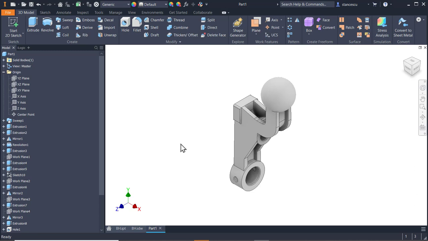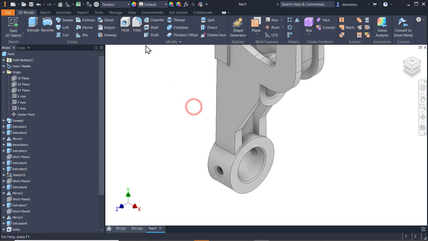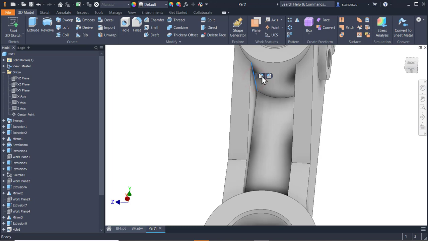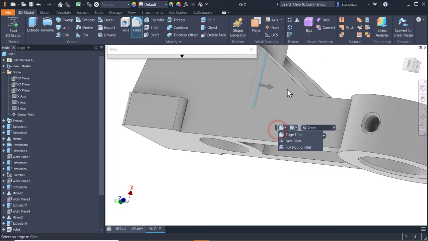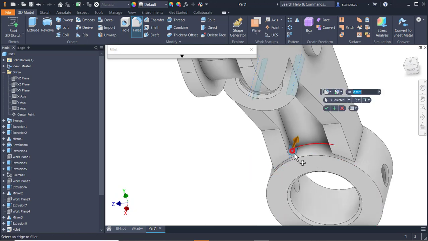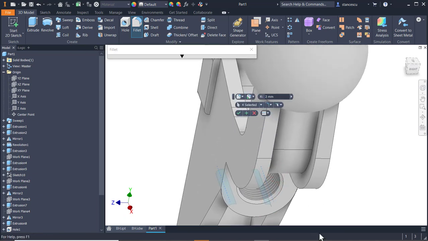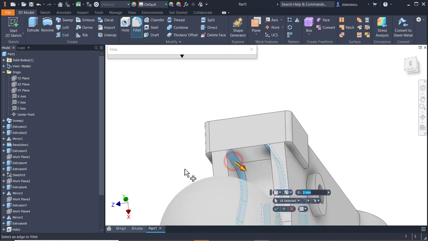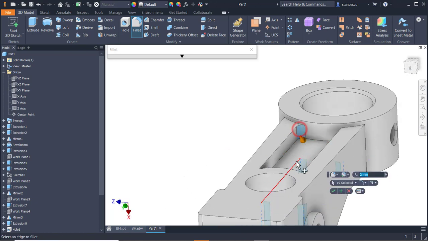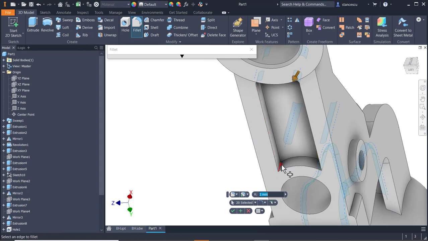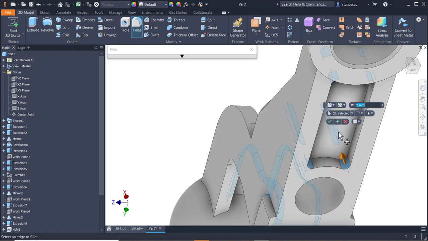Now I have to apply fillets. Yes, we adopt a strategy here, starting with these edges, internal edges. 2 millimeters is by default, and I select one by one every internal edges, plus.